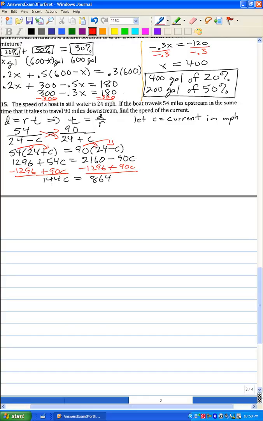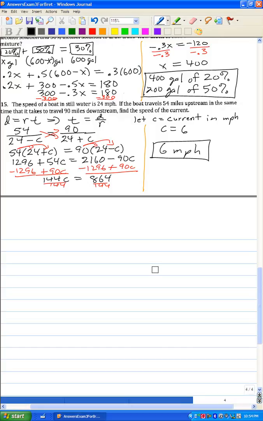Divide both sides of my equation by 144. And so I get here that c is equal to 6. And so the speed of the current is 6 miles per hour. And that's your answer. And that's the end of the exam.